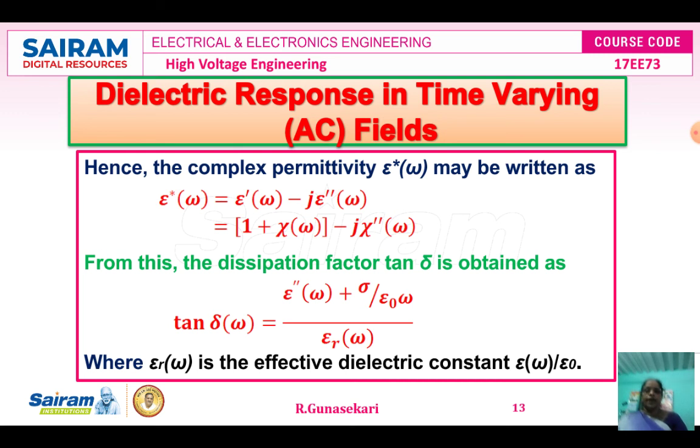So the tan delta of omega is equal to (epsilon'' of omega plus sigma divided by omega) divided by epsilon' of omega, where epsilon r of omega is the effective dielectric constant, that is epsilon of omega divided by epsilon naught.